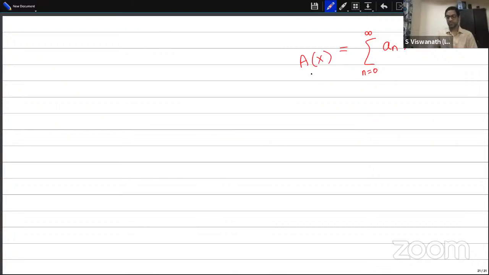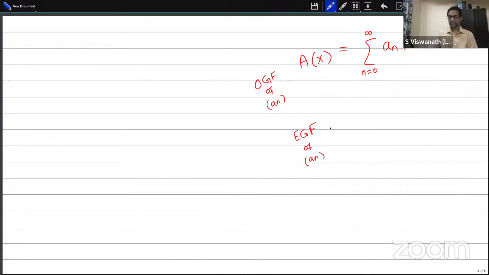This is sometimes called the ordinary generating function of the sequence an, usually called OGF. But there are instances where it's more advantageous to look at the exponential generating function of an. And maybe this will come up during the tutorial, because the Stirling numbers sort of naturally fall into this category.